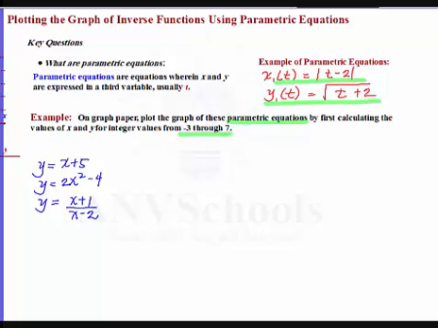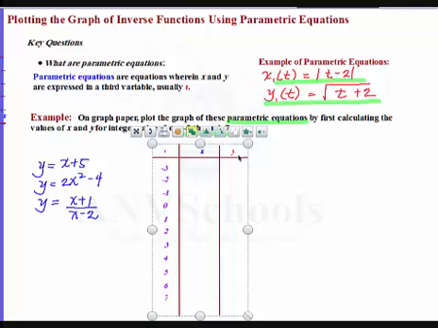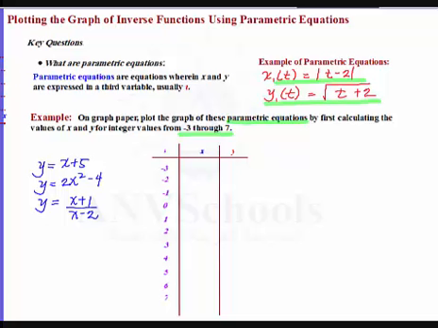Okay? So this is actually our table here. Just that you couldn't see the t here. It should be t here. This is x.